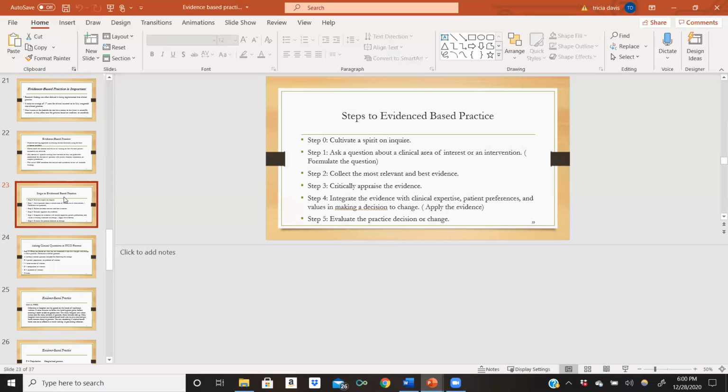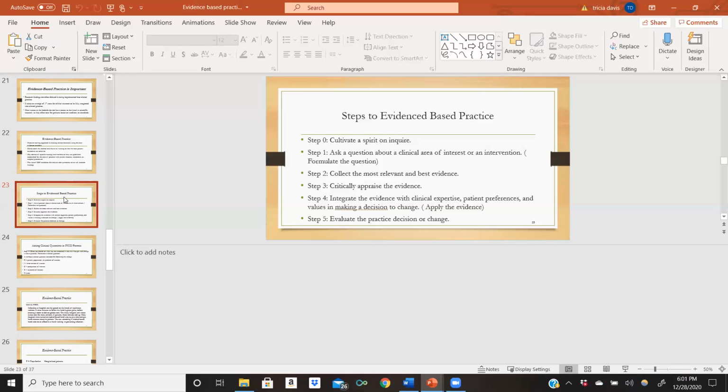So then step 1 is going to be to ask the burning question, right, about a clinical area of interest or an intervention. Okay, so you're going to formulate a question in what we call a PICO format. So PICO is P-I-C-O-T. We're going to talk more about that. P-I-C-O-T stands for population.